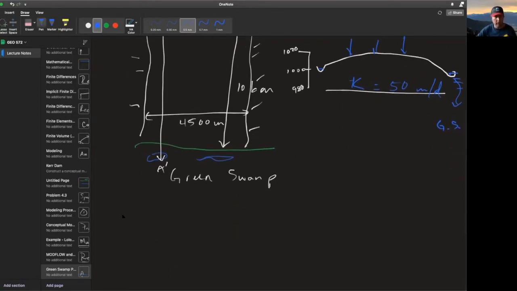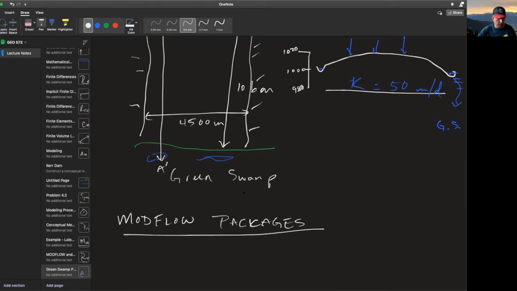So our MODFLOW packages that we need to define and use. Okay, so the first thing we're going to do is domain and discretization. That package is called the discretization package.